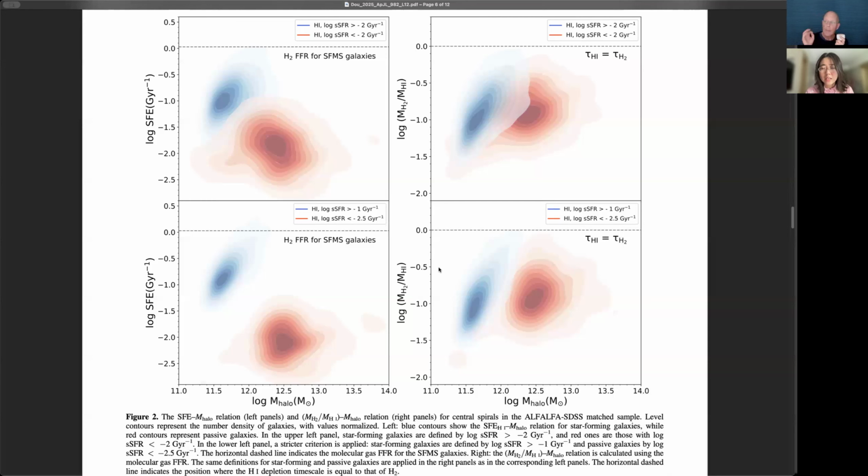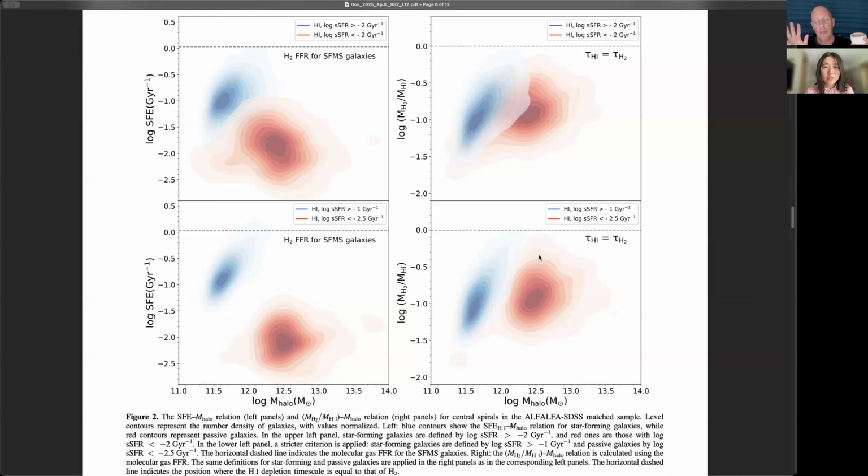It means that for these galaxies, the H1 is less efficient at forming H2, which means that maybe there is a lot of H1 gas in these systems, but the H1 cannot form H2 for some reason, and that finally causes the galaxy to quench.